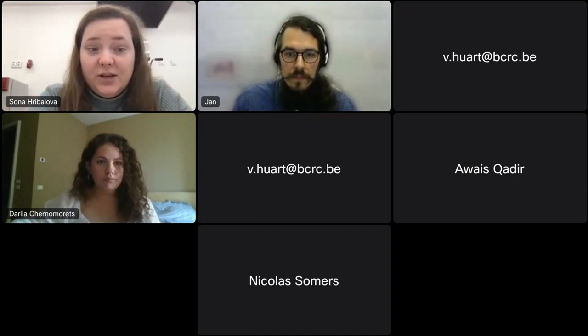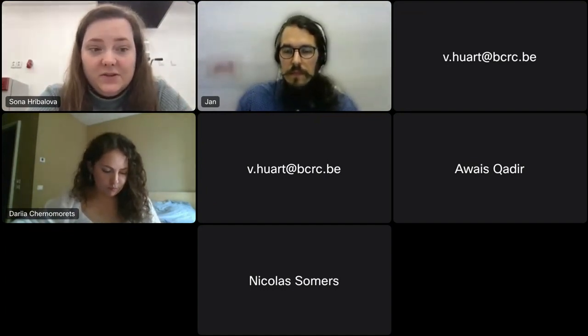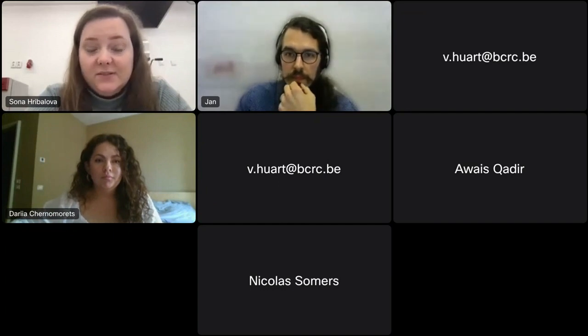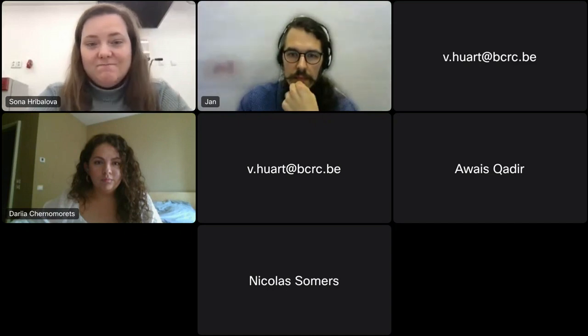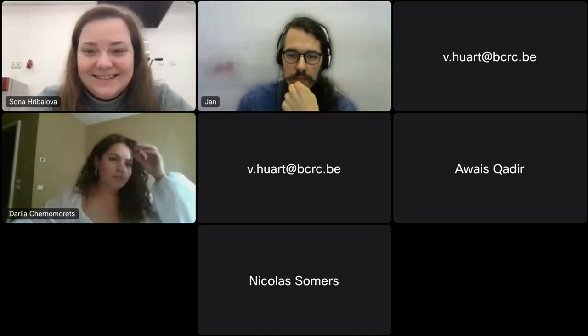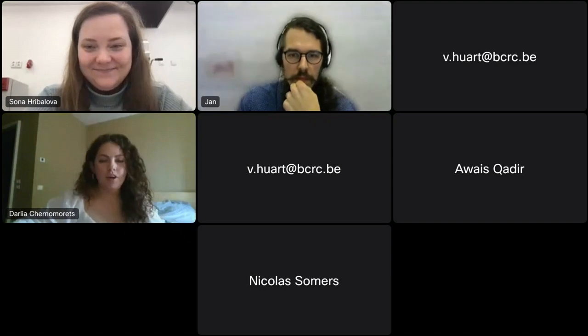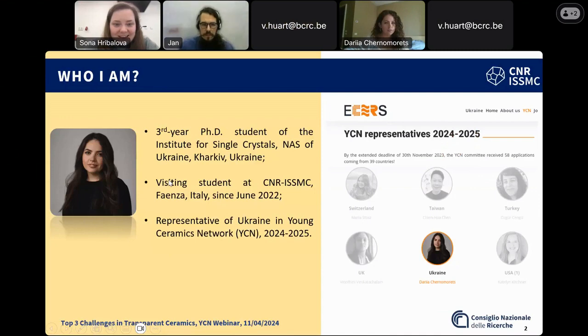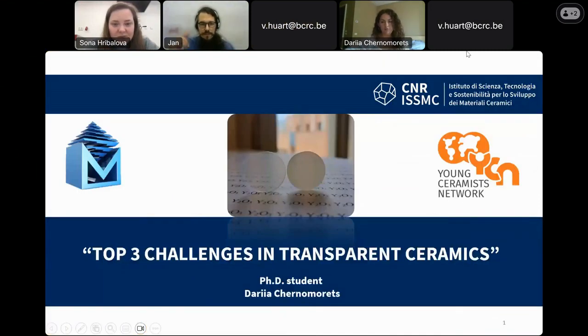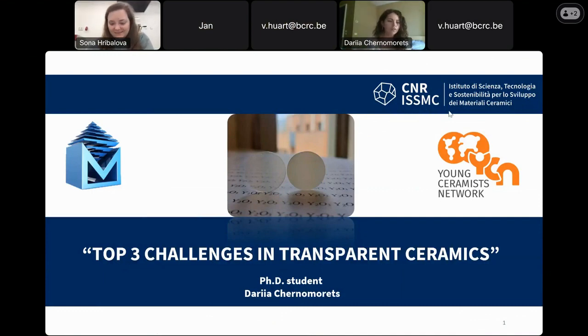Simultaneous fulfillment of all requirements leads to formation of uniform green bodies with uniform microstructure and high density. Here we can see an example of the dependence of viscosity and shear stress on shear rate of yttria suspensions with different amounts of Dolapix, which is a dispersant in this case.